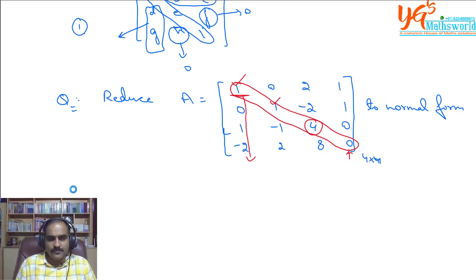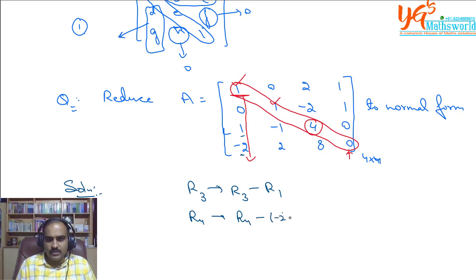So the first operation which we are going to use in this one, solution: R1 is already fine, R2 is already 0, so on R3, R3 goes to R3 minus R1, and on R4 it will be R4 minus of minus 2 into R1, that is basically R4 plus 2 times R1.